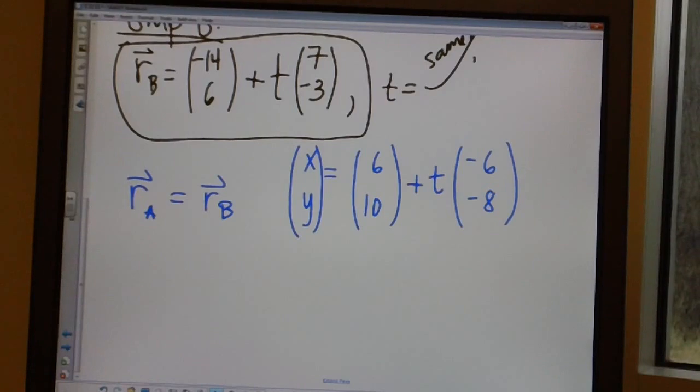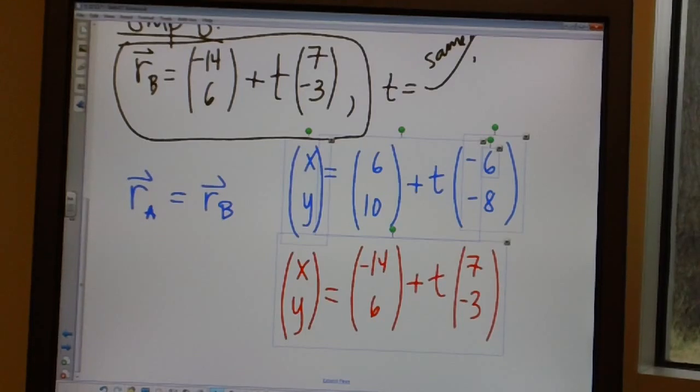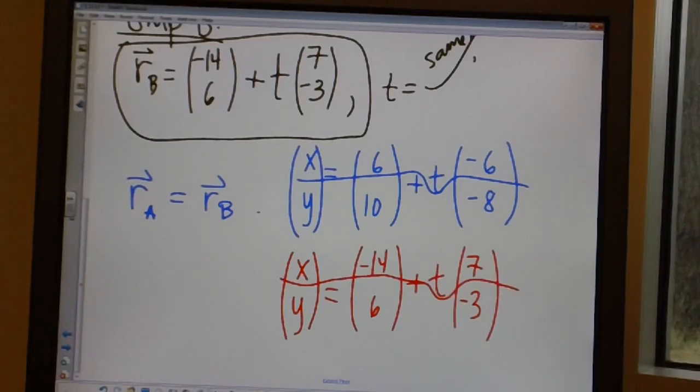For ship B, I could do the same thing. For ship B, it's going to be <-14, 6> plus t times <7, -3>. So when I say set these equal to each other, what I really mean is set the x parametric equation for ship A equal to the x parametric equation for ship B, and do the same for the y's.